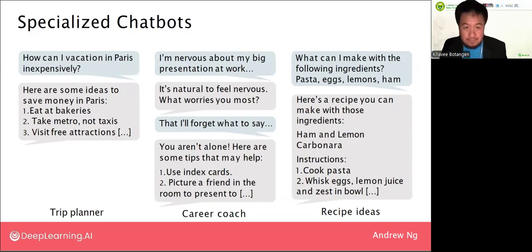Today, many companies are exploring a wide range of advice bots. For example, bots are being developed to offer career coaching or cooking tips. These specialized bots are designed to excel in answering questions on specific topics.